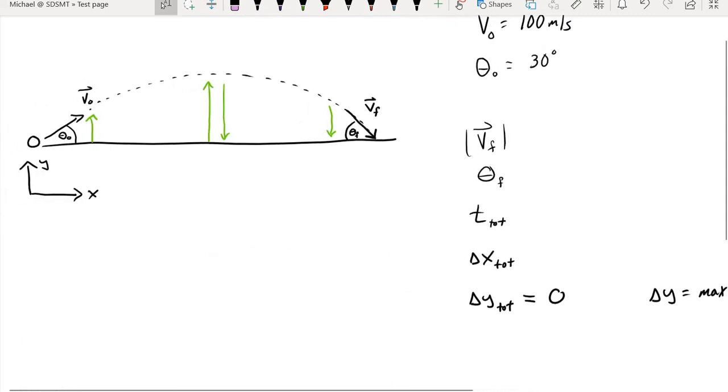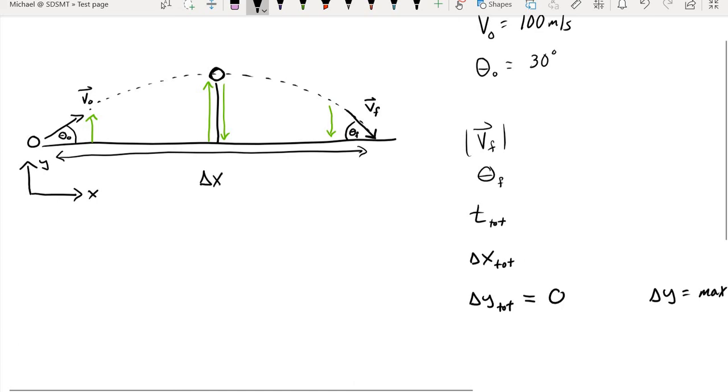As this payload is flying through the air, it will eventually reach some maximum height before it starts to descend, and I would like to know what that height is. Now, the way I've drawn this, it looks as if that maximum height is going to occur halfway through the flight.